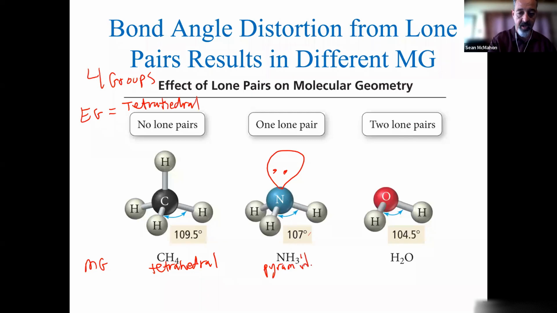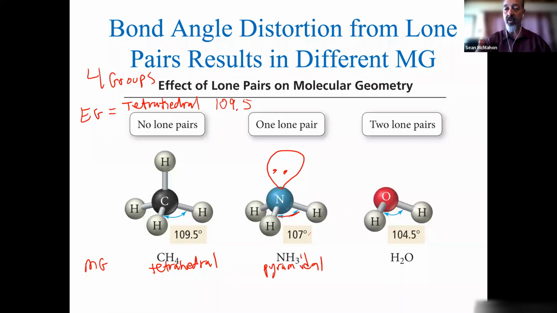Now remember, I only want you memorizing 3 angles: 180, 120, 109.5. Tetrahedral electron pair geometry gives me a 109.5 angle. I said when there's a lone pair sitting on the central atom, it distorts the angle because it squeezes this down more. So that squeezing causes this angle to get smaller.